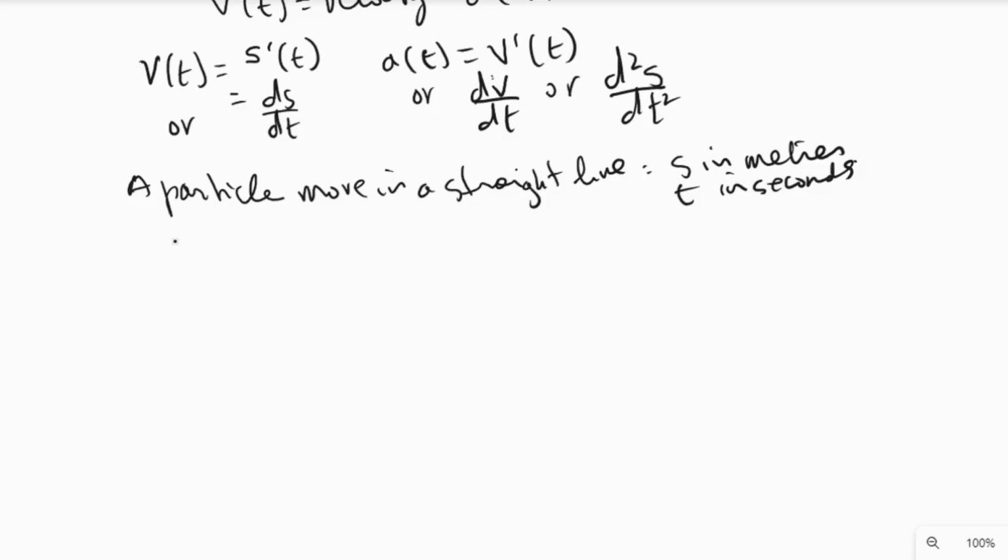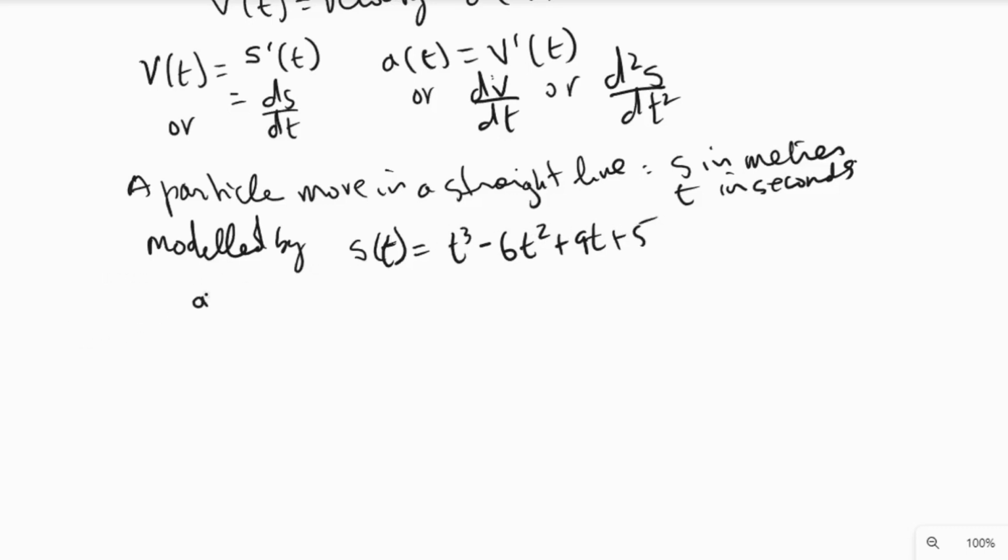So it's modeled by S(t) equals t cubed minus 6t squared plus 9t plus 5.